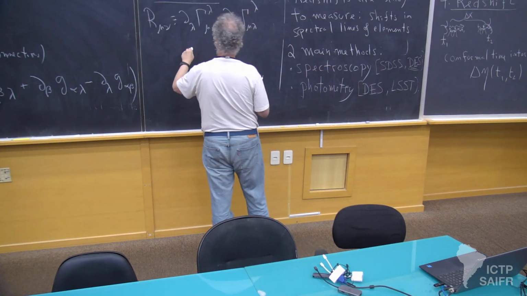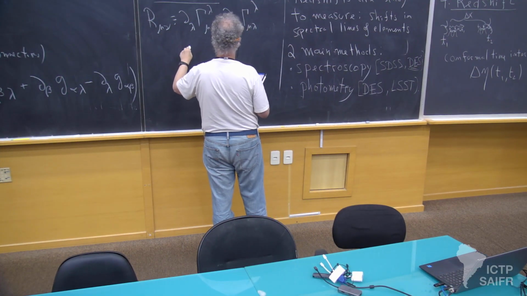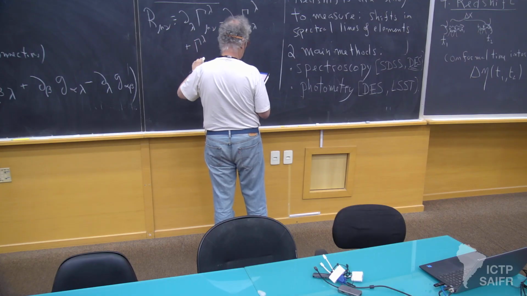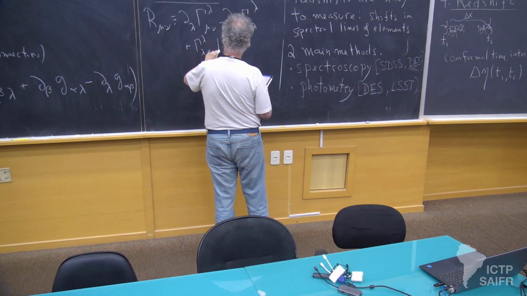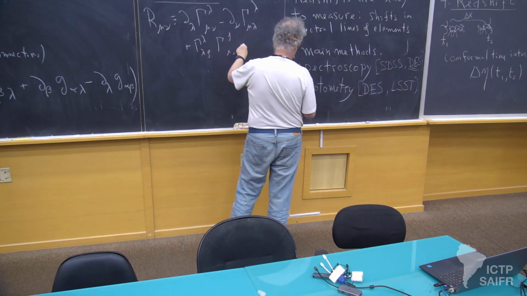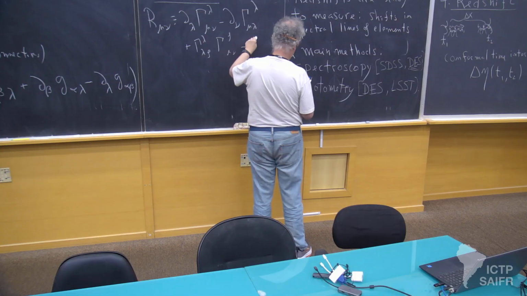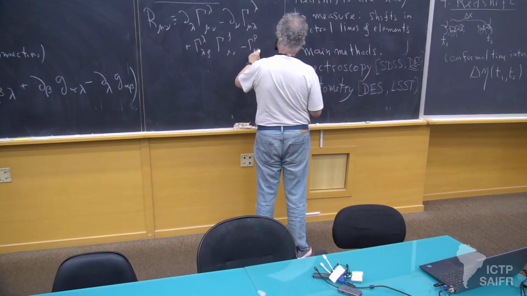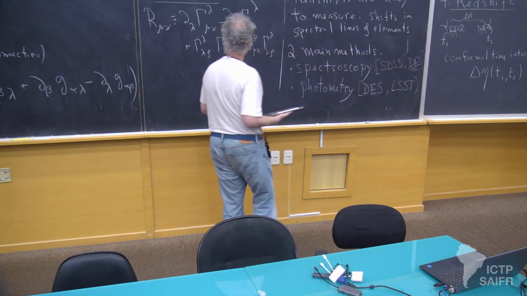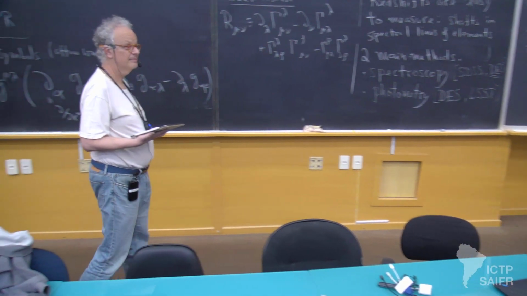There are 2 more terms, gamma rho mu nu, minus gamma rho mu lambda gamma lambda nu rho. You don't have to copy because this is in all books. So this is the Ricci tensor.